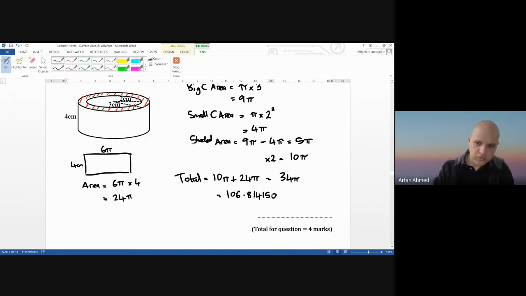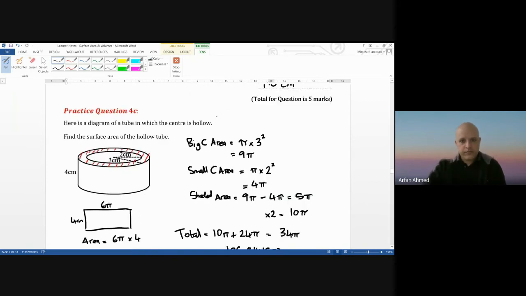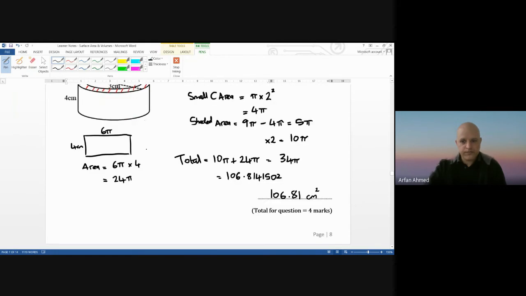Let's do it to one decimal place, so it'll be 106.8. Let's do it to 2 decimal places. Centimeter squared. Yep. That's that done.